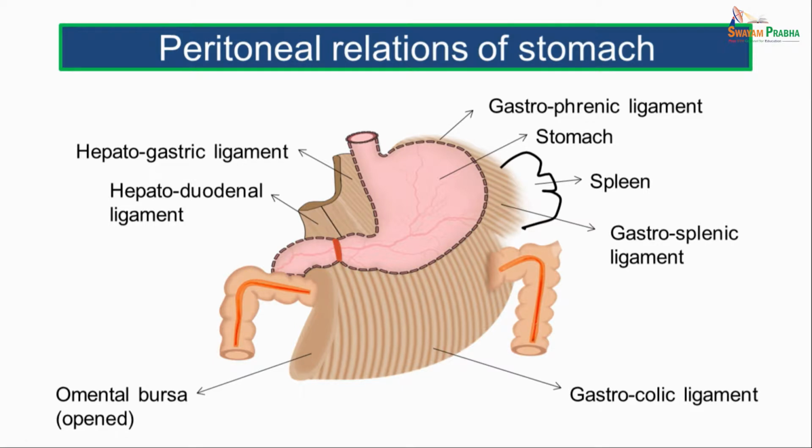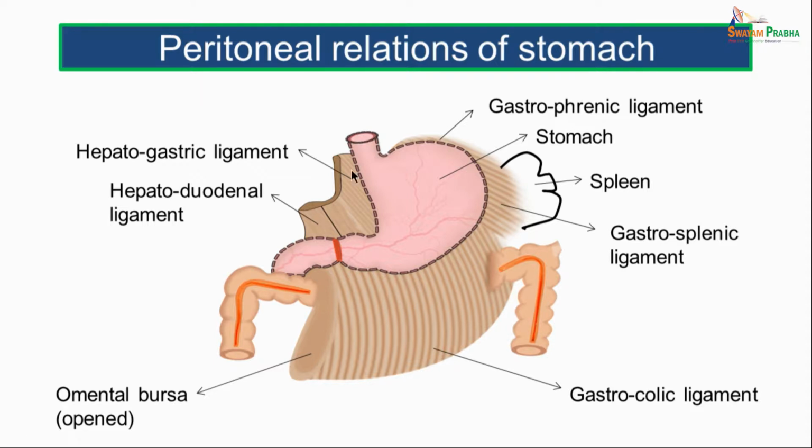From the fundus part of the stomach, this bilaminar fold of peritoneum goes towards the diaphragm, and that is what is called as the gastrophrenic ligament. Subsequently, from the greater curvature, the bilaminar fold of peritoneum goes towards the hilum of the spleen, and that is what we call as the gastrosplenic ligament.